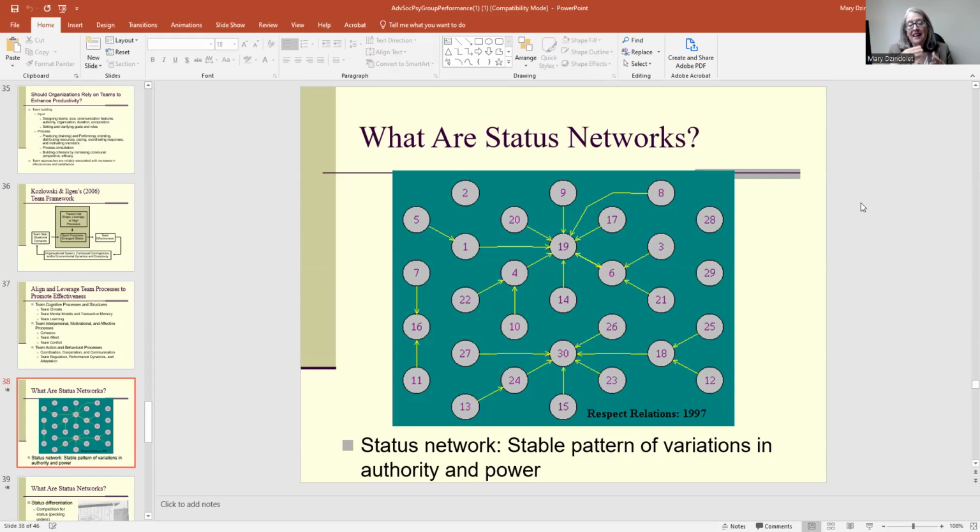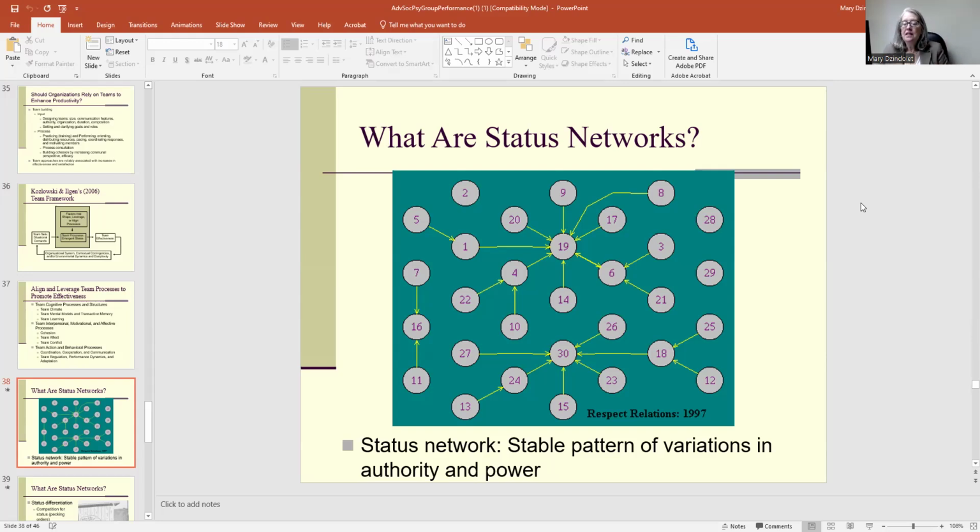Power can either be authority because the organization gave it to you, or power because you know a lot, because you are a hub of communication, people go through you, because for whatever reason, people like you. Who knows why you have the power that you have, but some members in the group will have more status than others. They have more authority, they have more power.